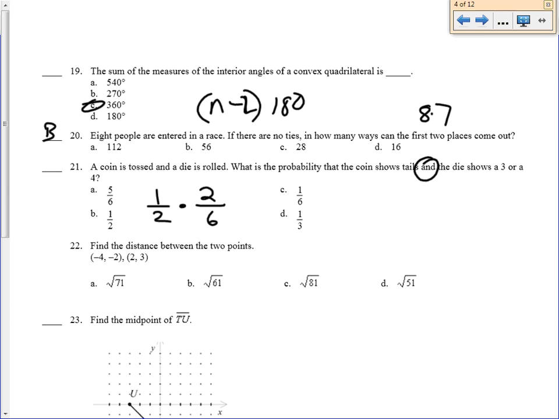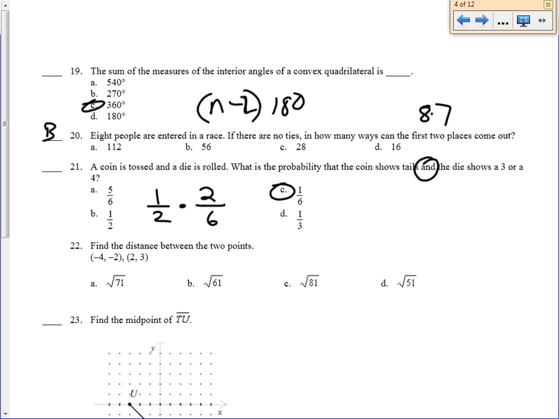So 1/2, the 2's cancel out, and I end up with C, 1/6. It's kind of interesting there because that's the same probability of rolling a die if I had just picked one number. If I'd have said, what's the probability of rolling a 5? It would be 1/6. So this turns out to be 1/2 times 2/6, which is also 1/6.